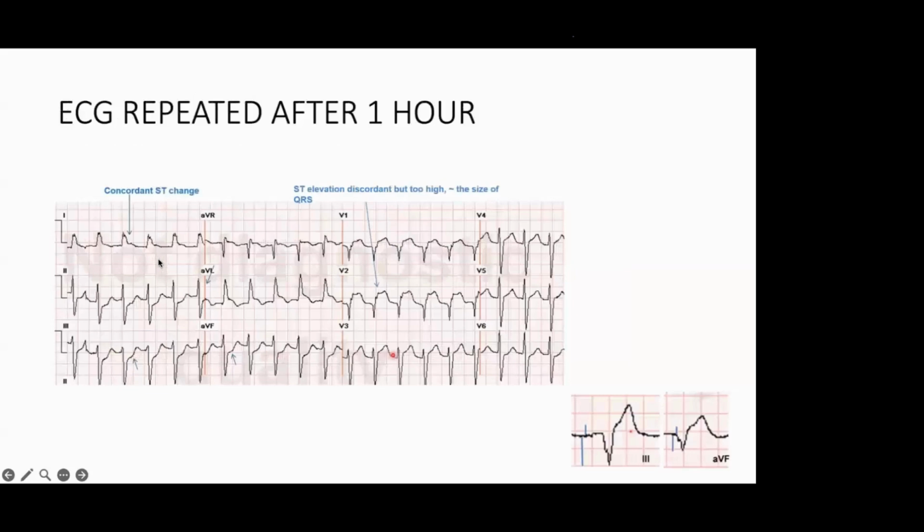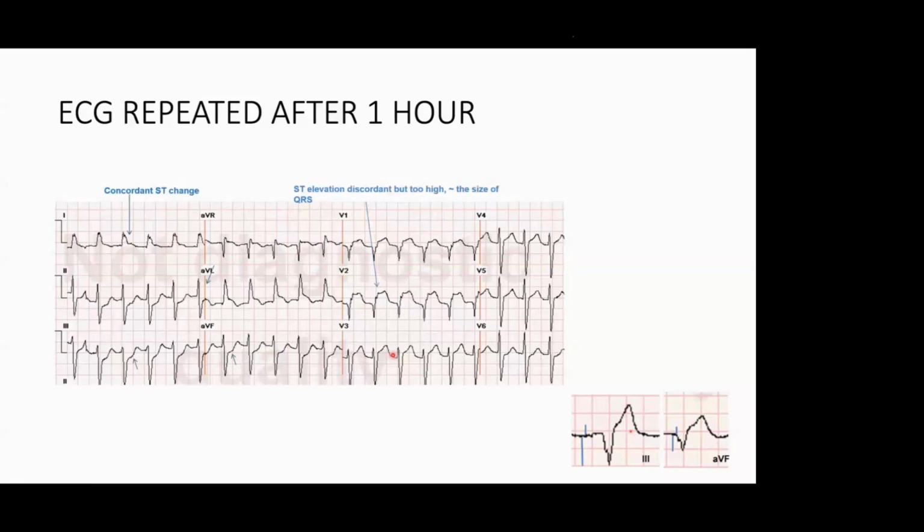That is concordant change. As well as discordant change, when you assess, if the ST elevation goes more than 25% of the QRS height, you are losing the QRS height and the ST is going up. That is more than 25% of the QRS height. Then it's an MI in LBBB, as well as in a pacemaker ECG.